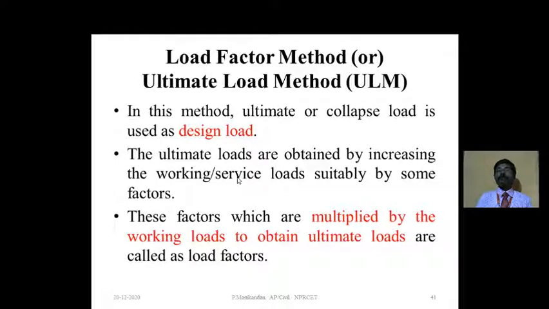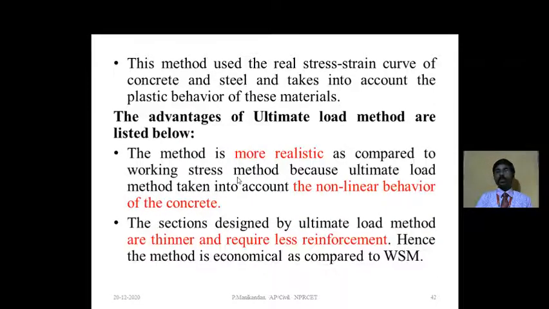As we use the factor of safety value of 3 in the working stress method, here we multiply some factor value with the working load, that is the actual load acting on the structure. Those factors are called load factors.